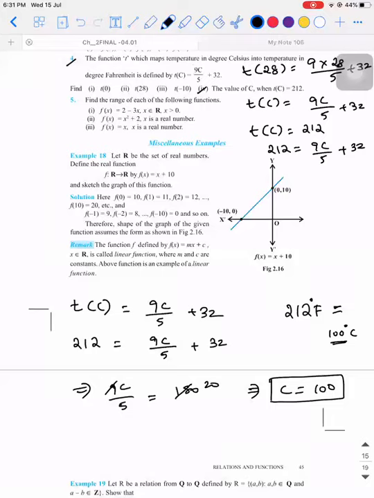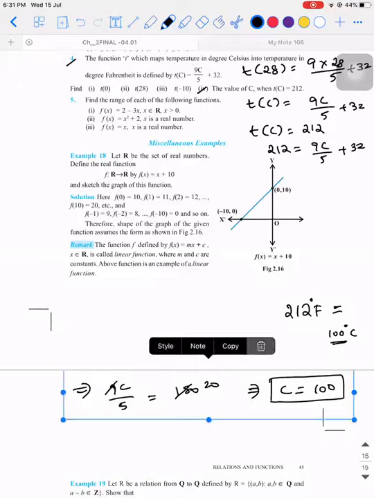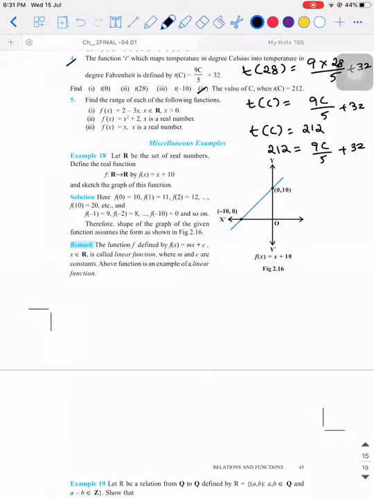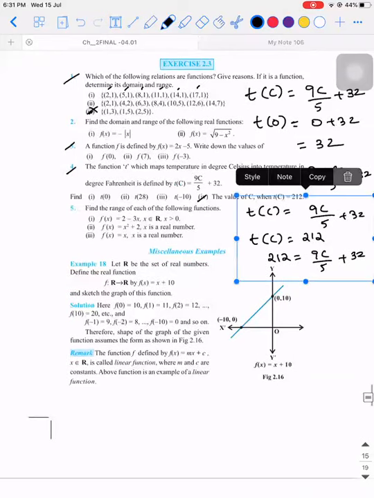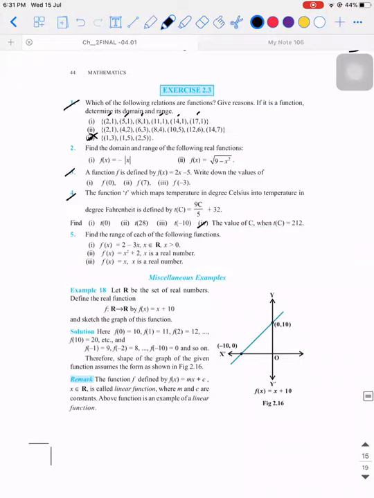Now let's discuss the main context of functions, which is nothing but the domain and the range. So what do you mean by domain? Set of input values. Write it down. Write down the definition for domain.